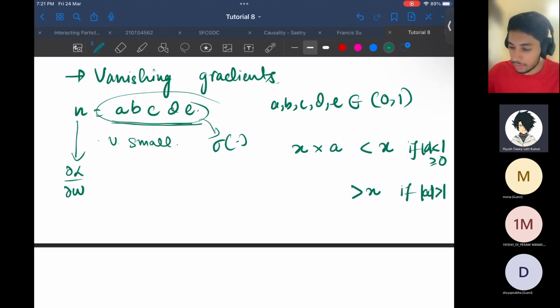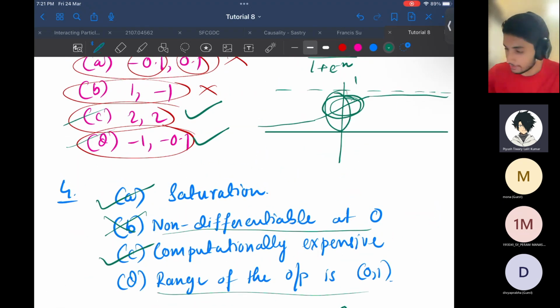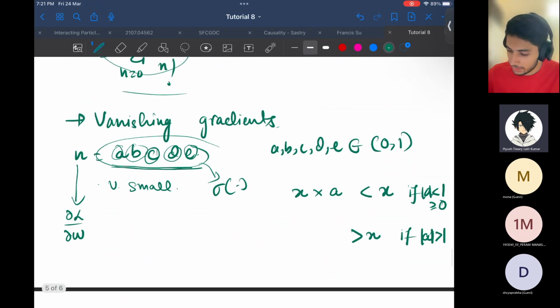Now we know that each of these sigmoid functions is between 0 and 1, as we can see from the graph as well, right? Because of that, each of them is small, and the multiplication of a large number of small numbers is very small. Hence this gradient is very small.